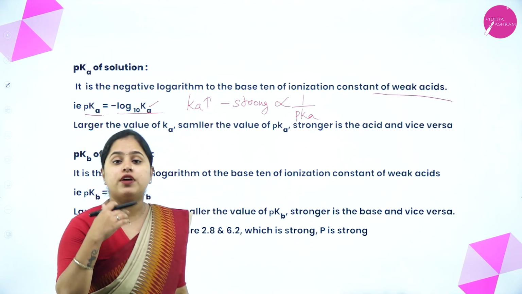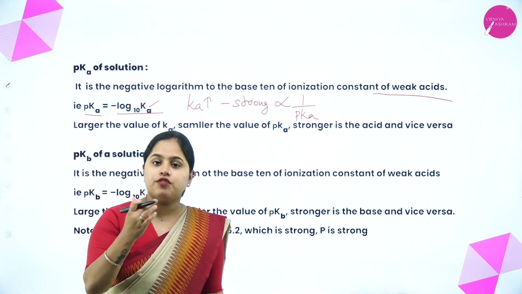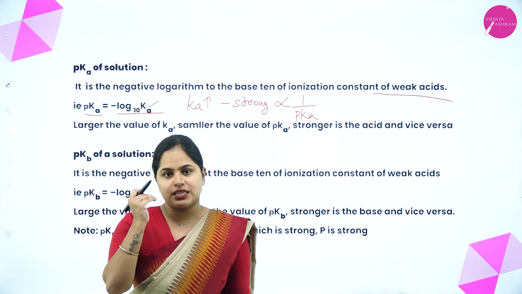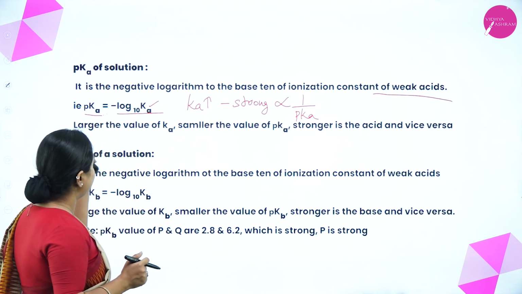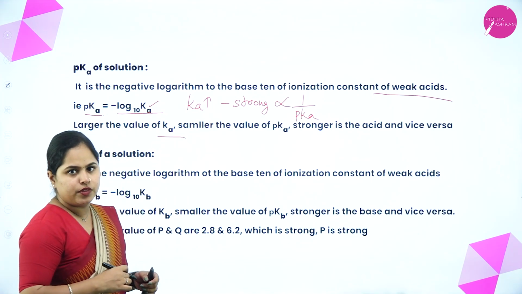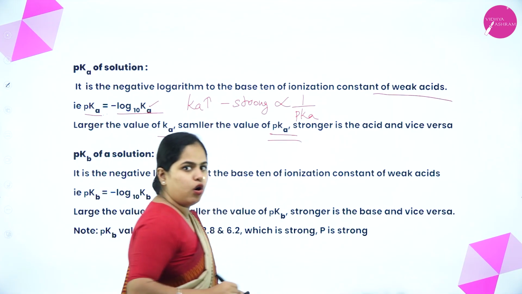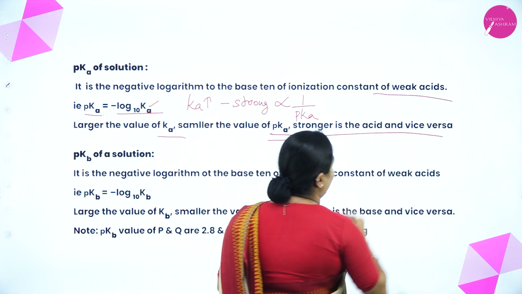So if the value of Ka is very high, that means that the acid is very strong, and if the value of pKa is very less, we can say that the strength of the acid is very high. So it is inversely proportional. So you can see here, larger the value of Ka, smaller will be the value of pKa. They are inversely proportional, and stronger will be the acid.